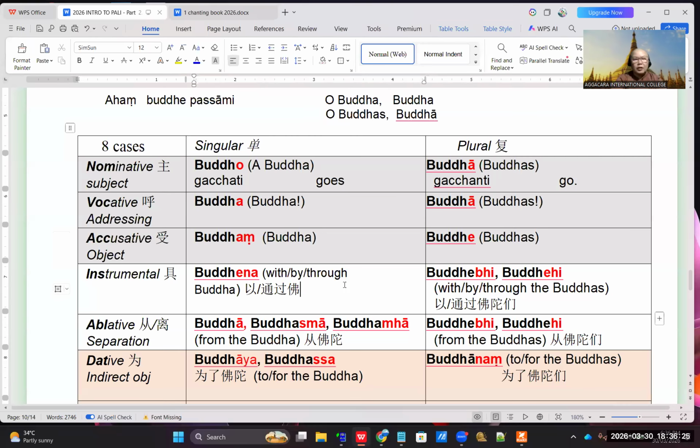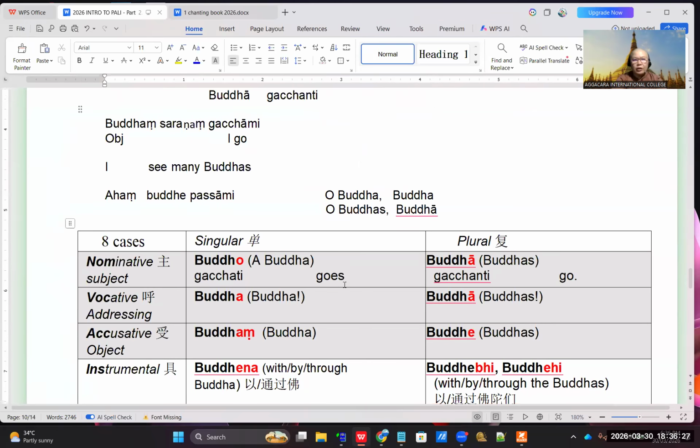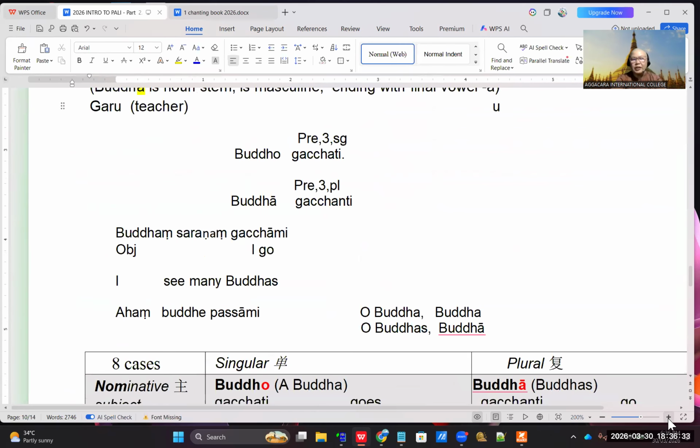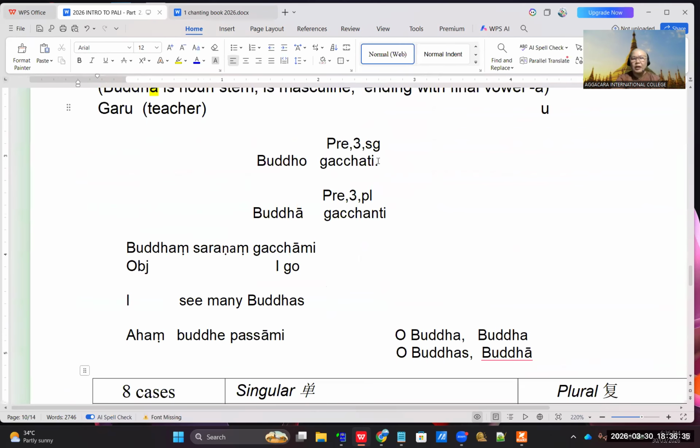So, now we see the example. Let's say Buddho. Last week we already wrote this example. Buddho gacchati. Gacchati is present tense, third person singular. Remember the ending ti. So Buddho is correct. And plural will be gacchanti, like ti, anti. So gacchanti is plural.